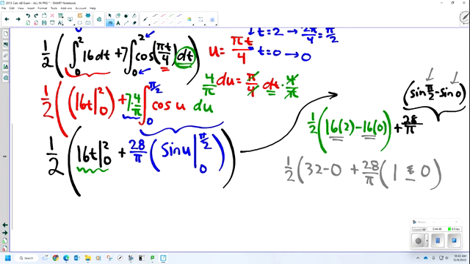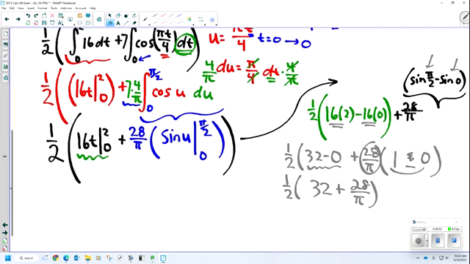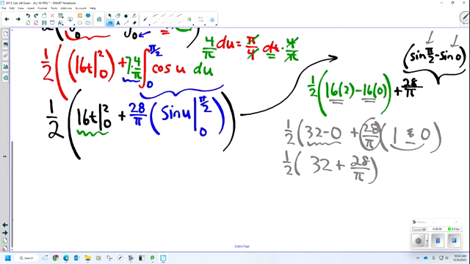So really, I've got 1/2 times, if I subtract those, I just get 32 plus 28 over pi times 1, which is 28 over pi. I'm feeling like a mathematician now. And if I multiply both of those by a half, which is the last step, half of 32 is 16, plus 28 over pi times a half will just mean the 2 will be down here.